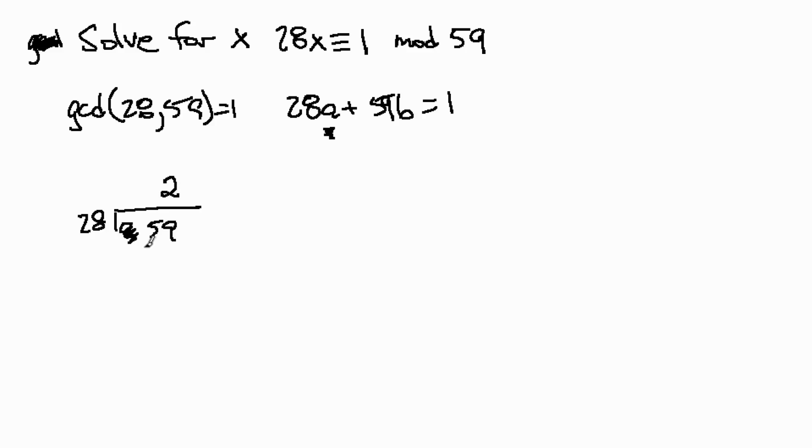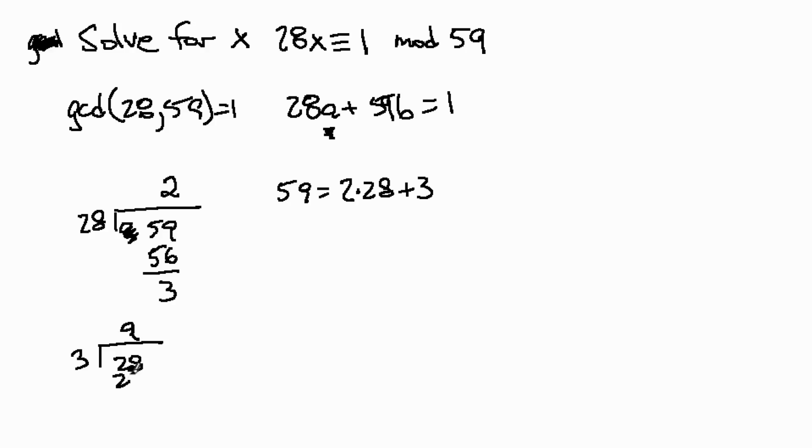I come in here and that's 2, and that's 56, and that leaves me a 3. So I get that 59 is equal to 2 times 28 plus 3. And now I'm going to divide 3 into 28, and 3 goes into 28 9 times with a remainder of 1.